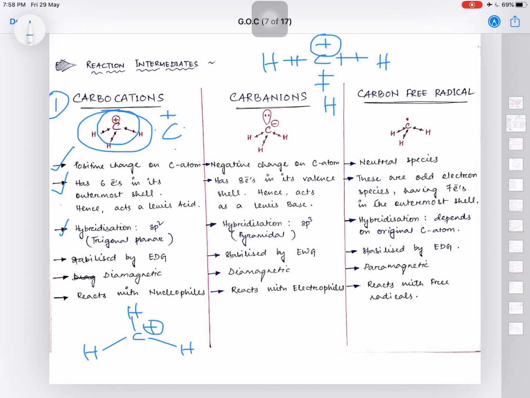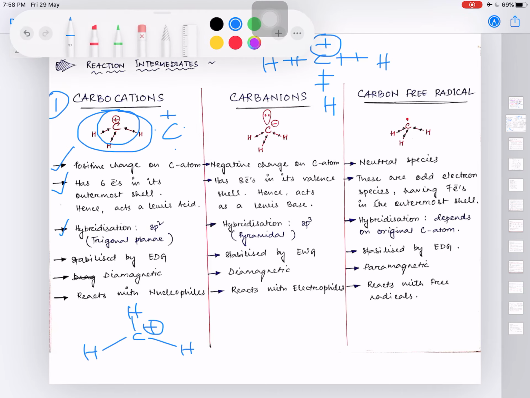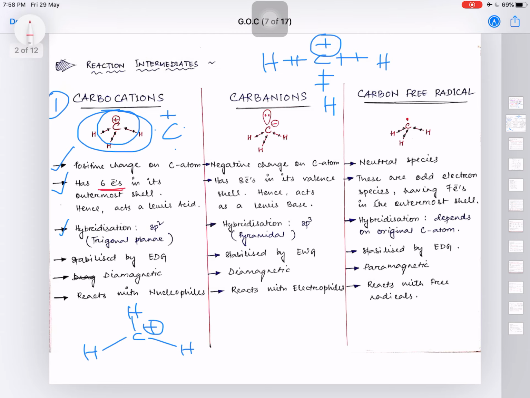And one more thing you remember, that these carbocation carbons are electron deficient carbons. Because according to the octet rule, an atom should have 8 electrons in its valence shell, but the carbocation carbon is having only 6 electrons in the valence shell. So if this carbon is electron deficient, then if we have some group which can donate electrons to this carbon atom, then this plus charge will be stabilized.